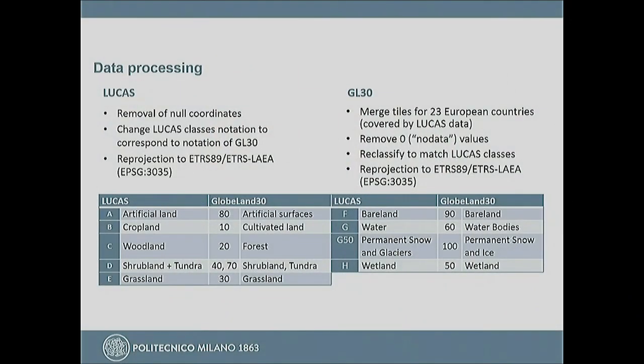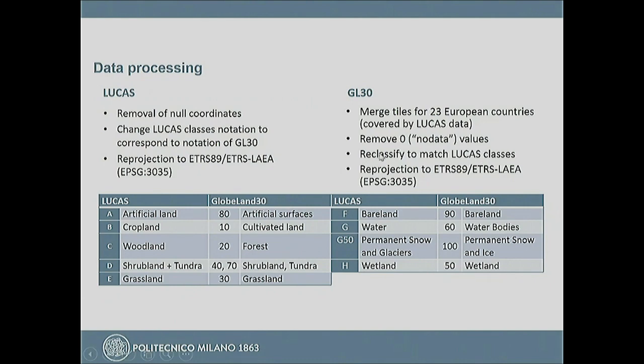Okay, so we have these 3 maps. What is the data pre-processing that we need to do before starting the computation of the error matrix and the indexes? Let us start with Global 30. First of all, Global 30 is composed of different tiles. First point, we need to merge all the different tiles for all of Europe.